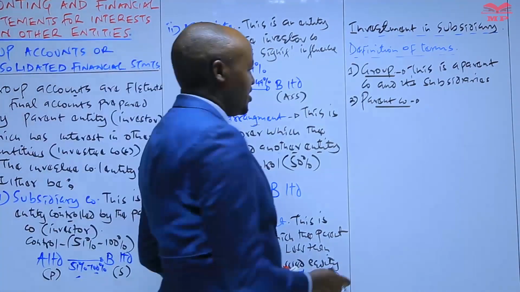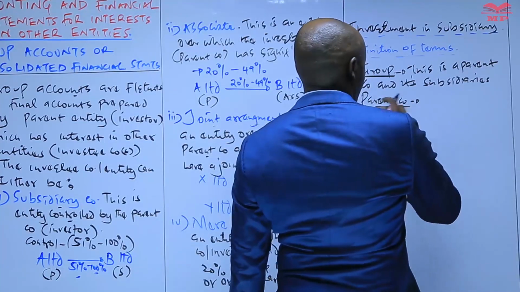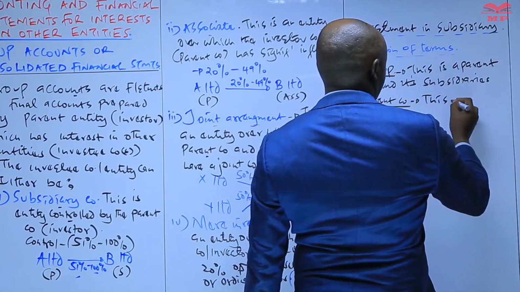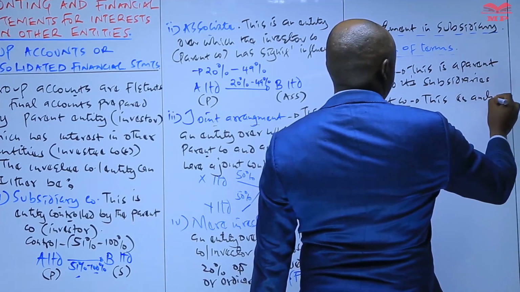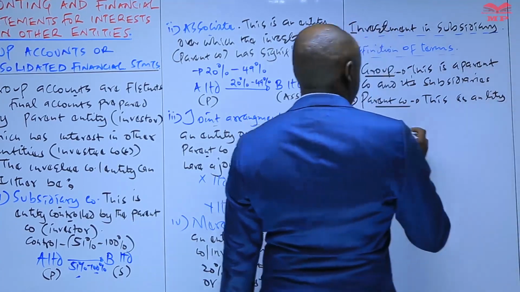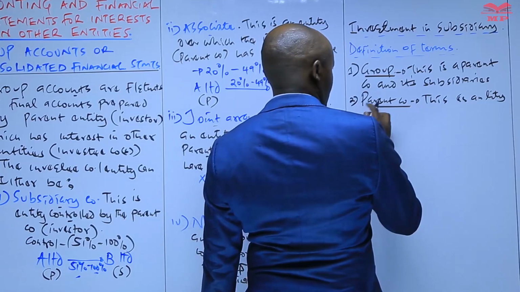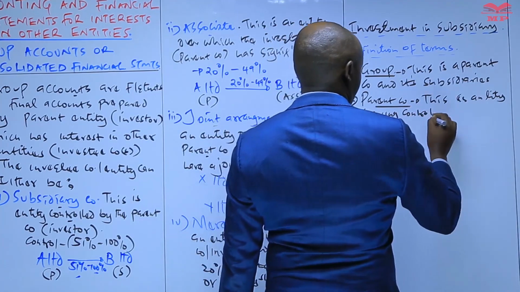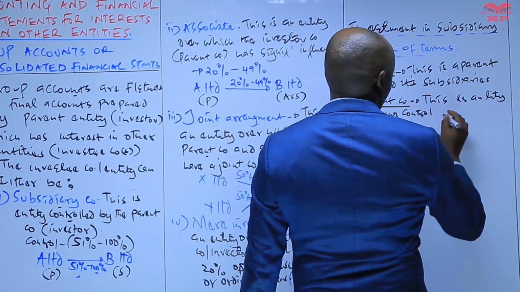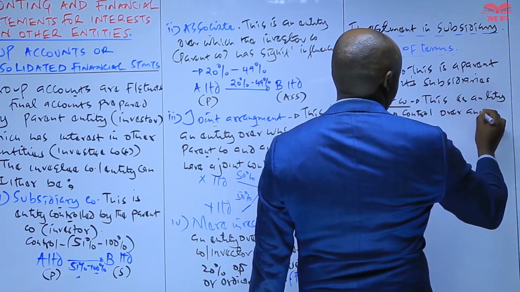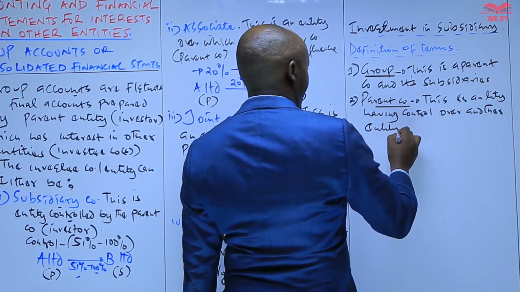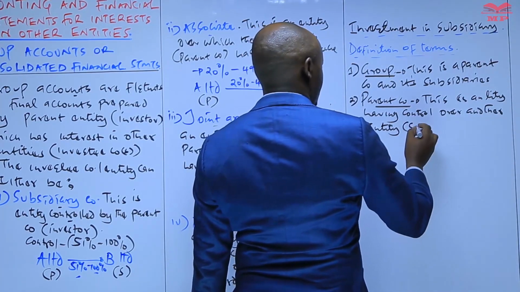By acquiring what? Shares. We can say that the parent entity is an entity having control over another entity, which is now known as a subsidiary.